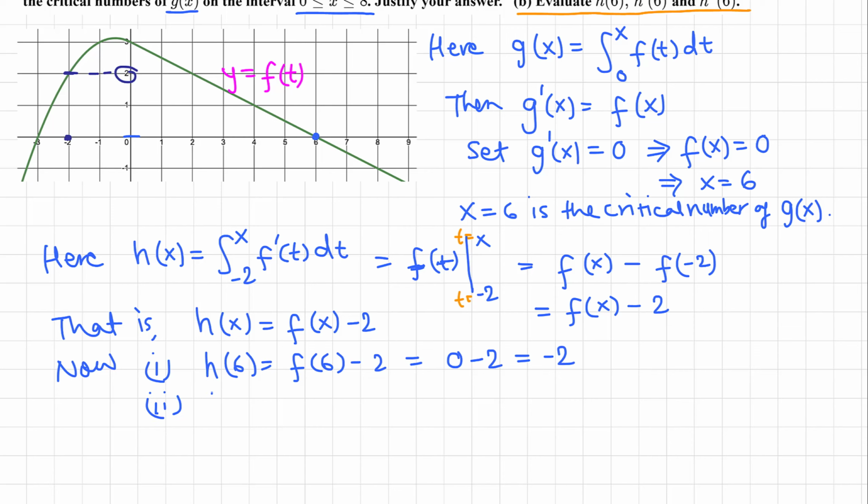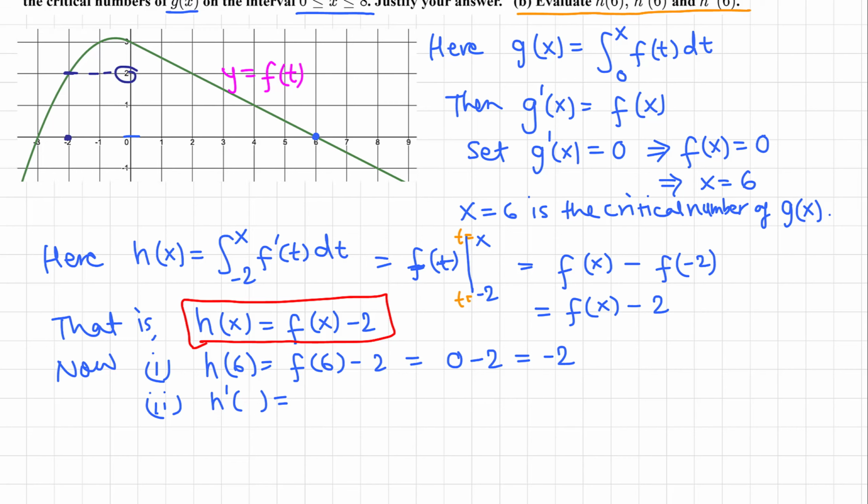Next, we need to figure out h prime of 6. That means the slope of h at 6. Our function h is pretty much the function minus 2, just this function shifted 2 units down. So to find h prime of 6, we need to find the derivative first.